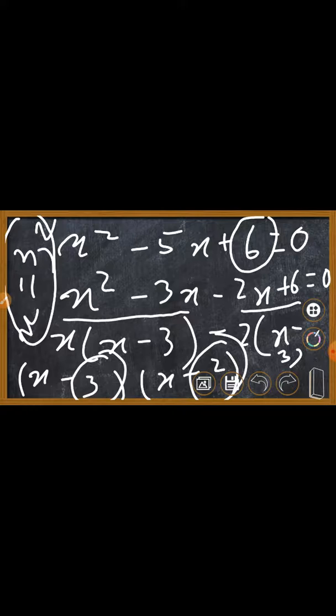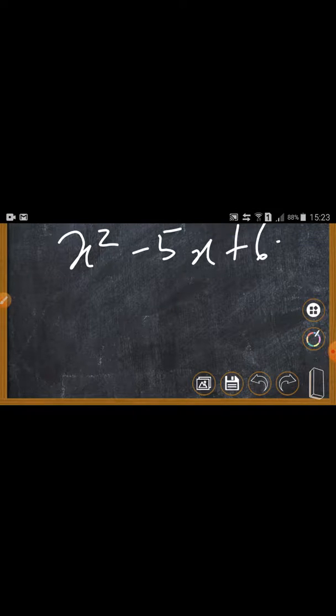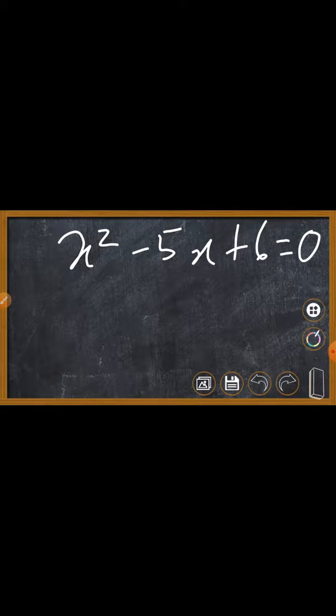Now if you put this value 3 or 2 back in the equation, I again write x square minus 5x plus 6 is equal to 0. I had got that 3, 2 are roots of the equation.